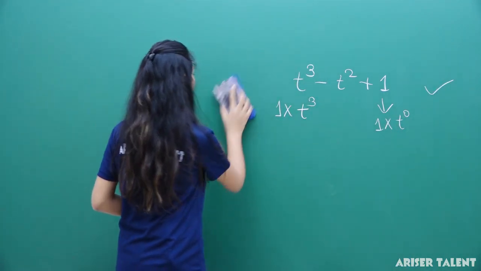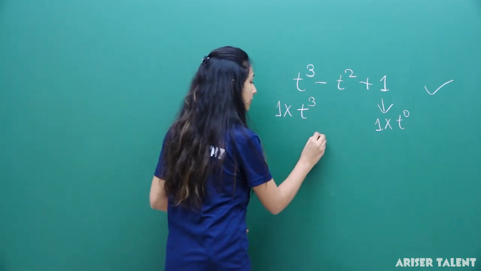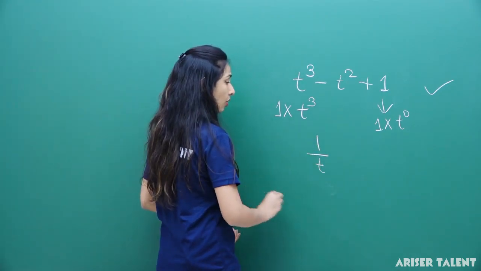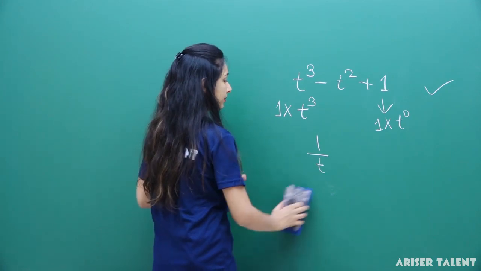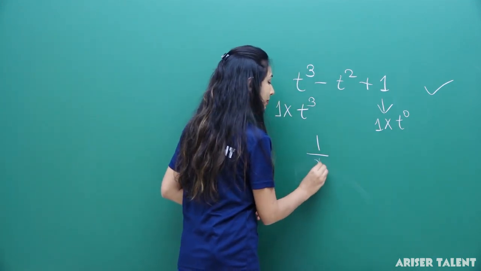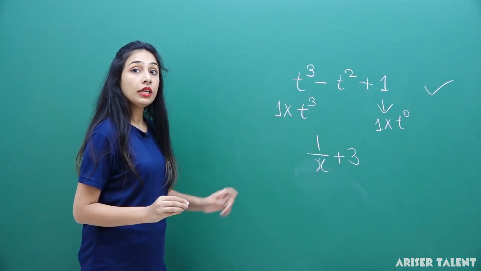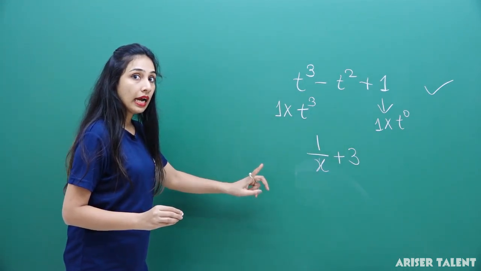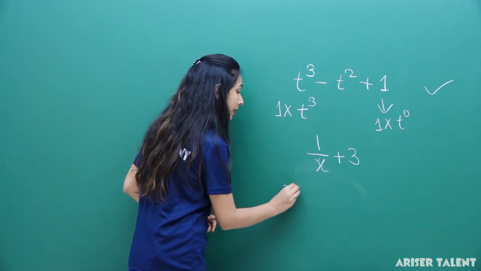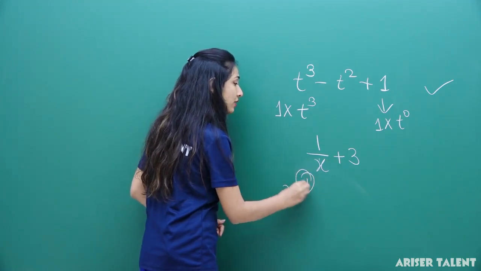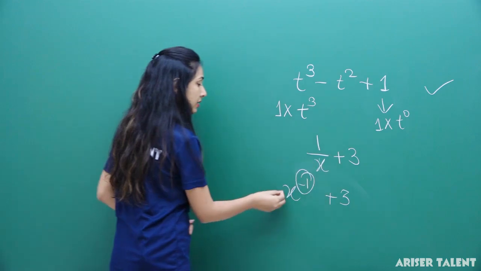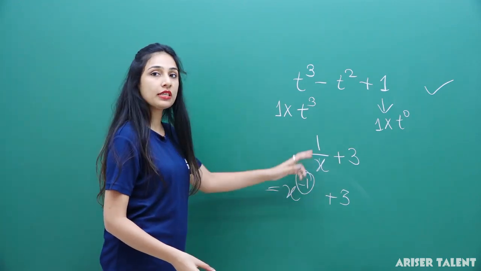Now if I tell you 1 by x plus 3, is it a polynomial? If I convert it, what will it become? x to the power minus 1 plus 3. These two expressions are equal.